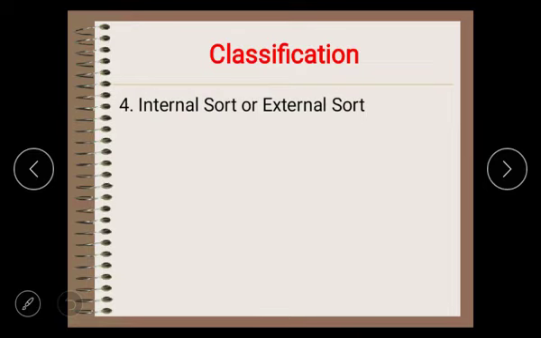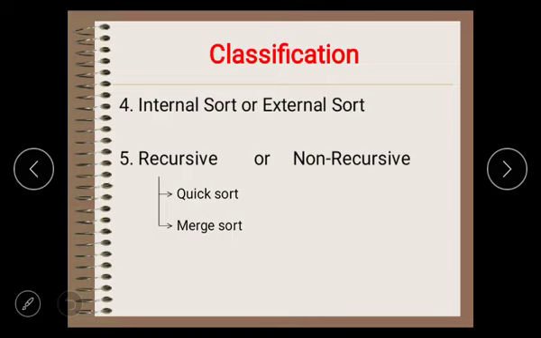There is one more parameter to classify, which is recursive or non-recursive. Some sorting algorithms like quicksort and mergesort are recursive, while others like insertion and selection are non-recursive. We will study all these parameters in detail as we study the individual algorithms.